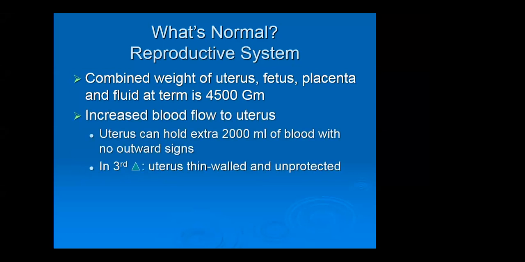When we look at the reproductive system, the combined weight added to our OB patient of uterus, fetus, placenta, and fluid at term is about 4,500 grams or 4.5 kilos. There's also going to be an increased blood flow to the area, and the uterus can hold an extra 2,000 mLs or 2 liters of blood without any outward signs.